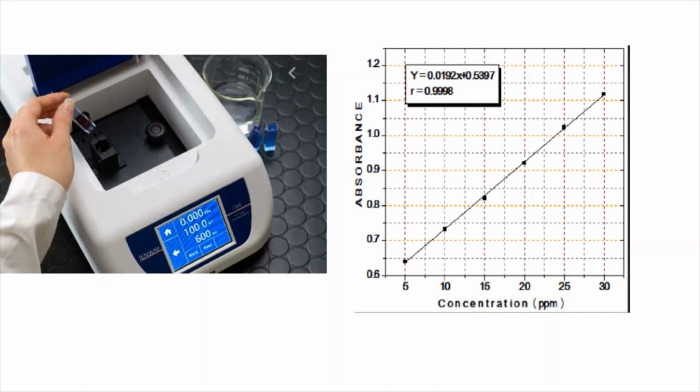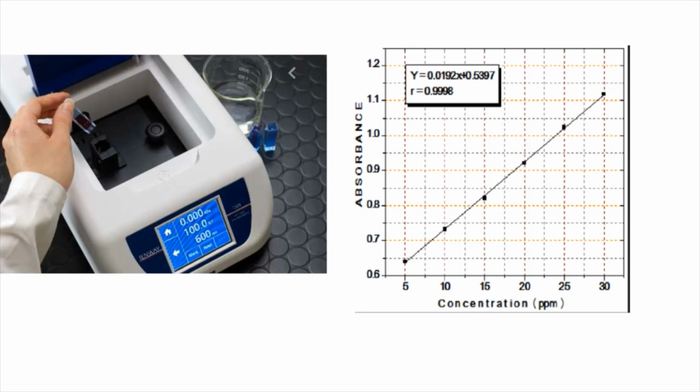Now, what we have here on this slide is a picture of something called a spectrophotometer. It's a tool that measures the absorbance of light of a particular solution. So what you do is you make different concentrations, you put it in this special tube here, you put it into its chamber, you close the lid, and this will tell you how much light the solution absorbs.